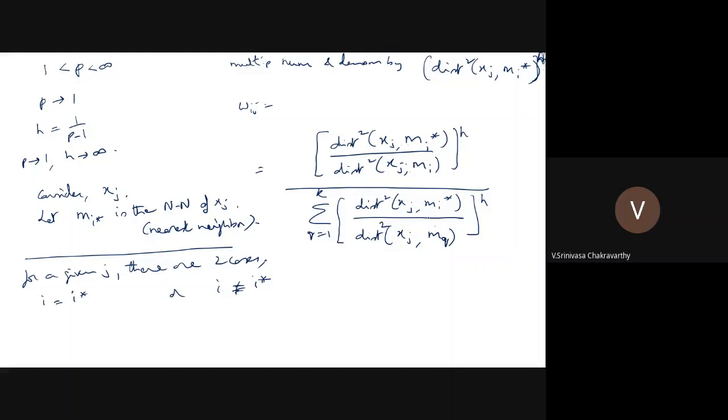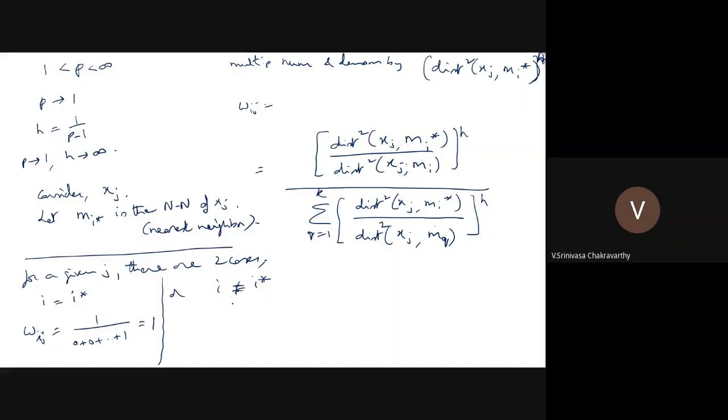So all other fractions in the denominator will be less than 1, and only one of the terms will be equal to 1. So wij will be of the form 1 by 0 plus 0 plus 0 plus 1. There will be only 1 in the denominator, which is equal to 1. That is what will happen for i star, where i equals i star.